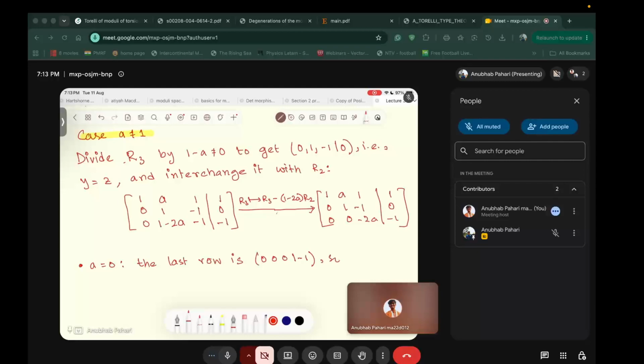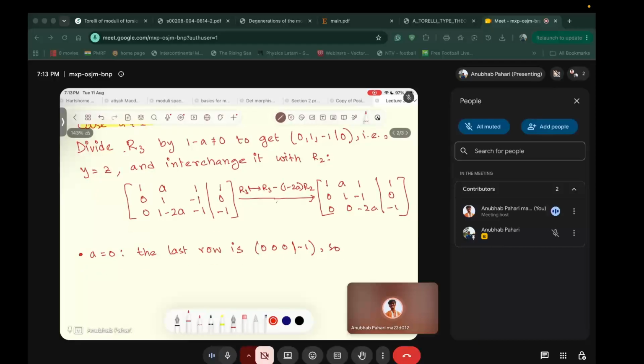So you can see that this system will say that 0 equals minus 1. Therefore L of epsilon 0 equals the empty set. That means no solution, right?